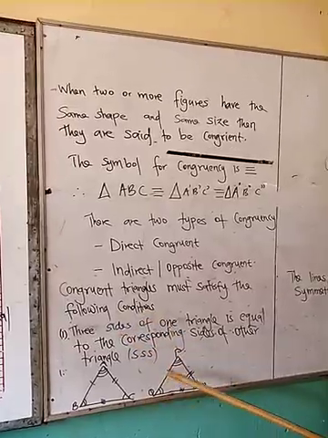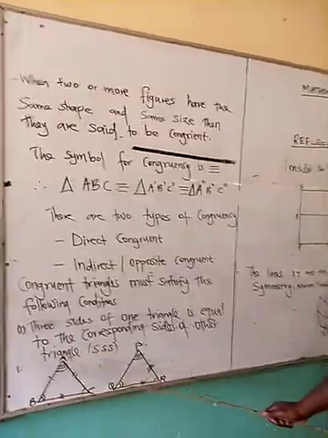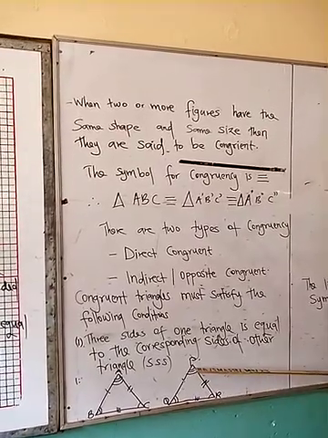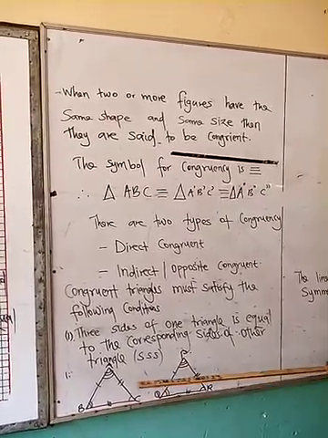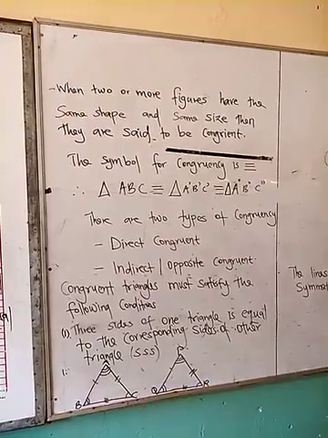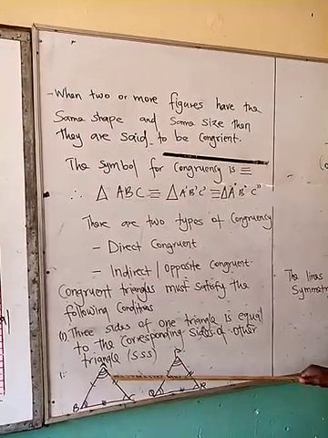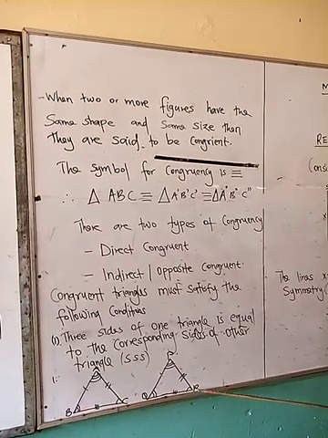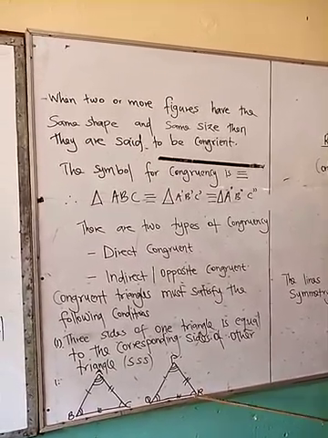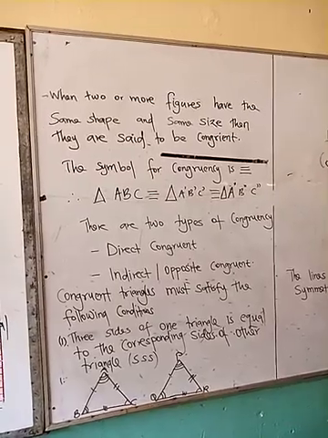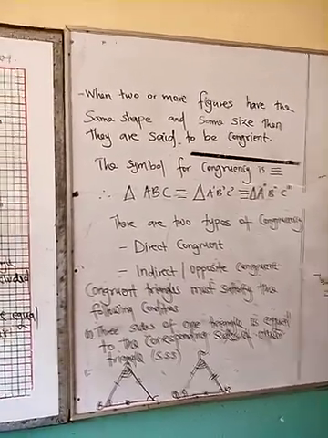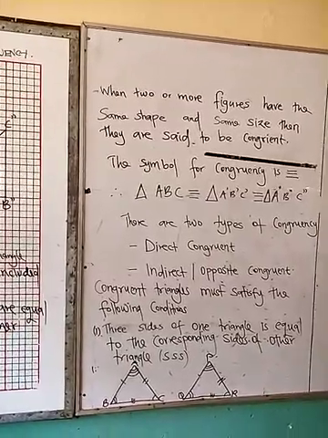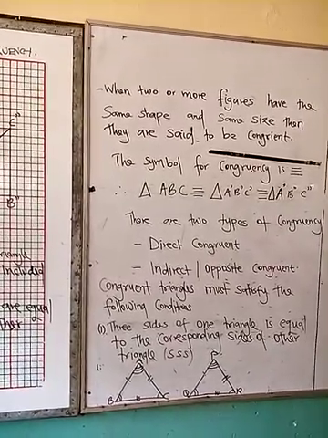For example, when you look at triangle ABC and triangle PQR, if this angle is equal to this angle, and this angle is equal to this angle, then it follows that the third angles must be equal, because the sum of angles in a triangle adds up to 180 degrees.